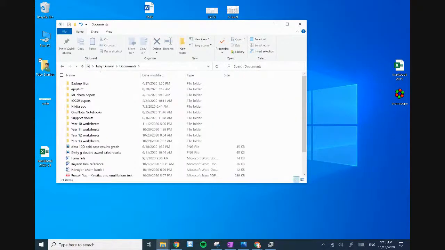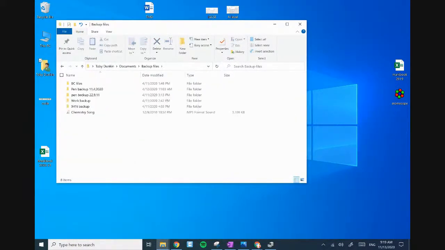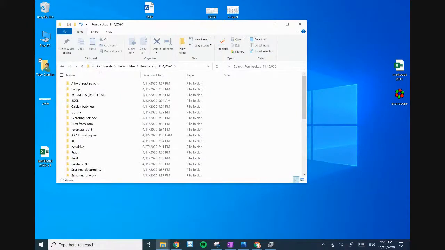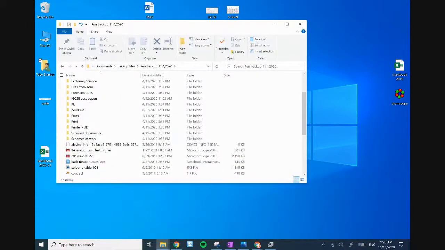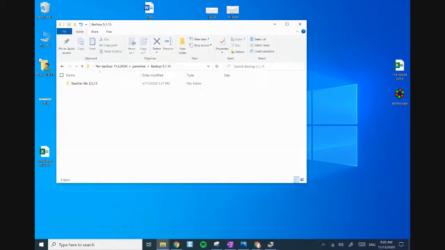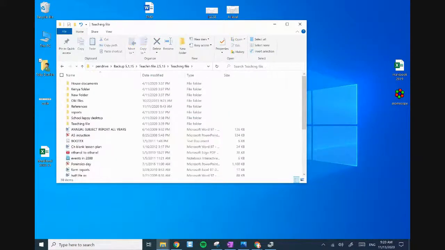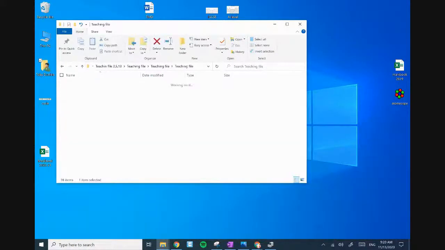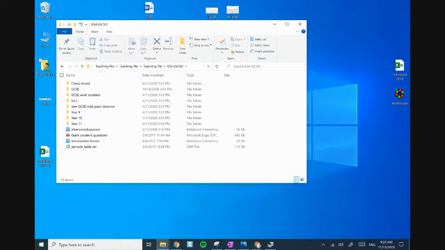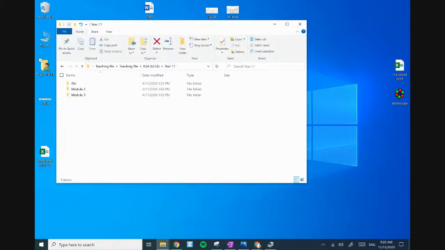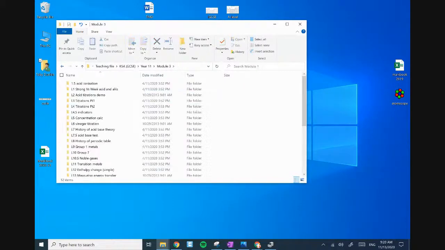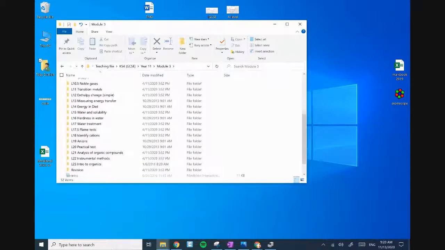Documents. This is going to take a while. Sorry. Back up. Pen drive. Teaching file. GCSE. Probably year 11, unit 2. Nope. Equilibrium.